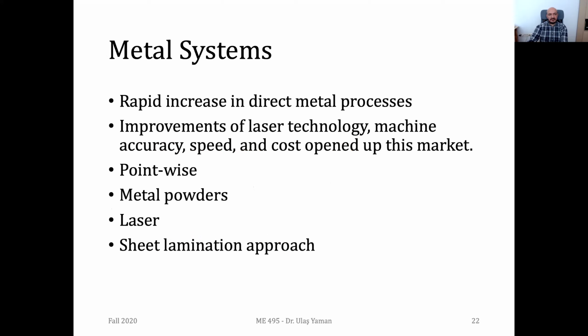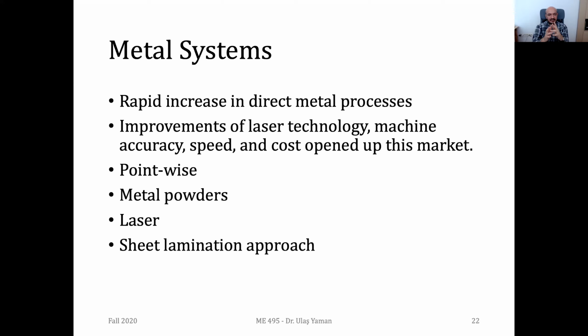These days, we also have some metal systems. In the earlier days, we didn't have many metal 3D printers, but right now the additive manufacturing community is much focused on metal systems. They are using some expensive metals and trying to fabricate complicated products.